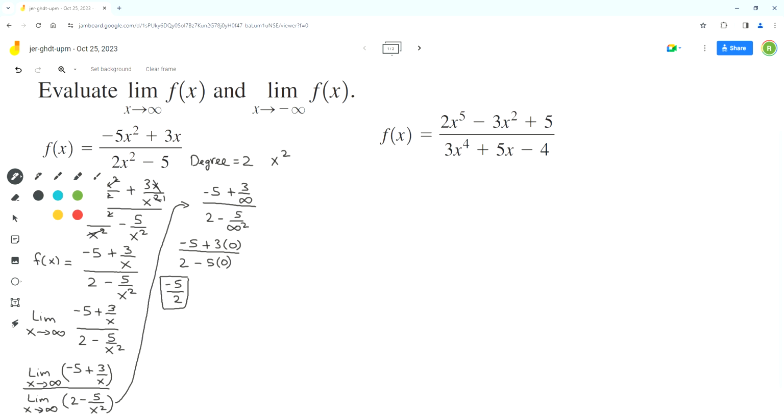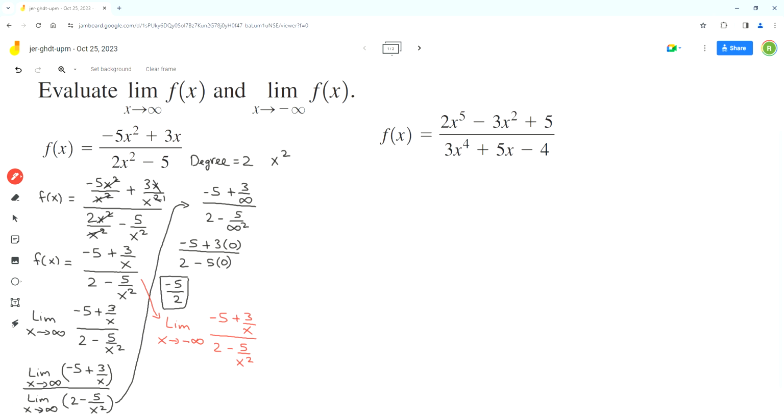Now we have to evaluate the limit as x approaches negative infinity. We can use the expression that we got after dividing each term by x squared, and we'll use the limit as x approaches negative infinity. So the same expression, negative 5 plus 3 over x, over 2 minus 5 over x squared.